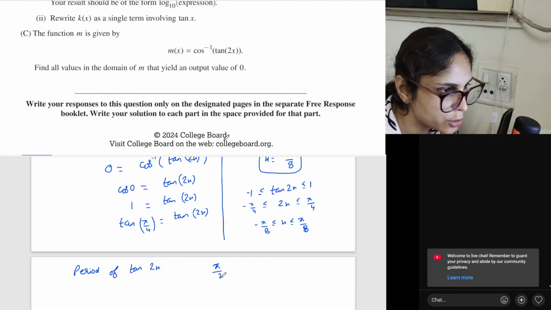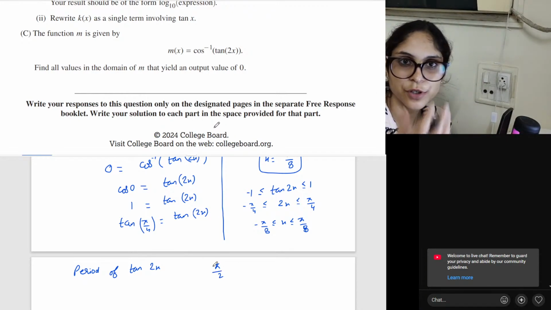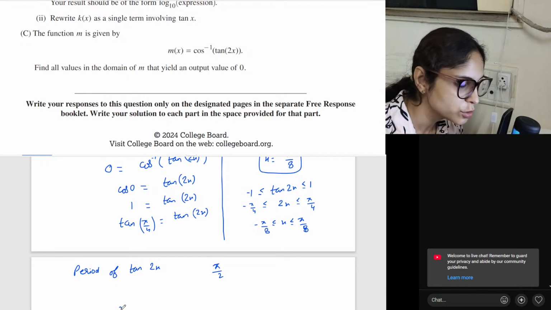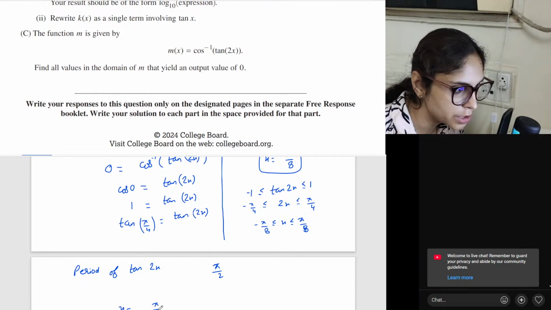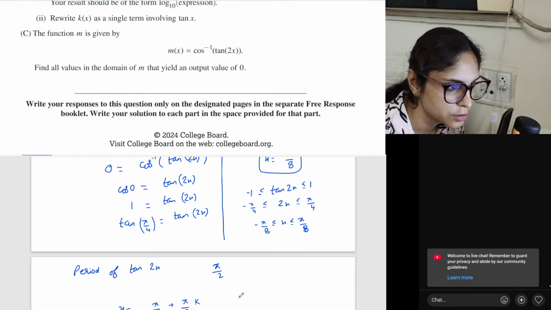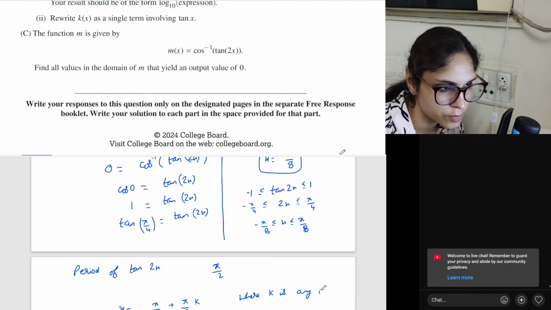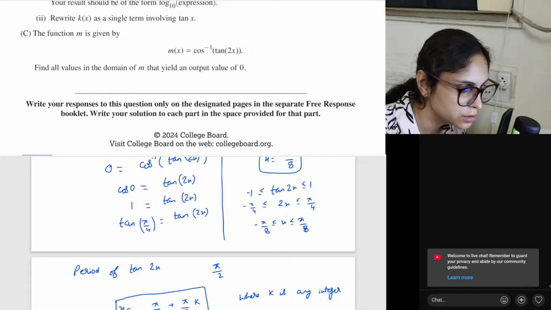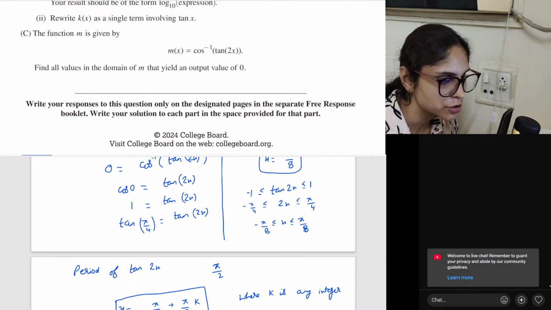It is going to be pi over 2, because for tan x the period is pi, and for tan 2x the period is pi over 2. So the values of x can be pi over 8 plus pi over 2 k, where k is an integer. Now this is going to include all the values in the domain of the function.